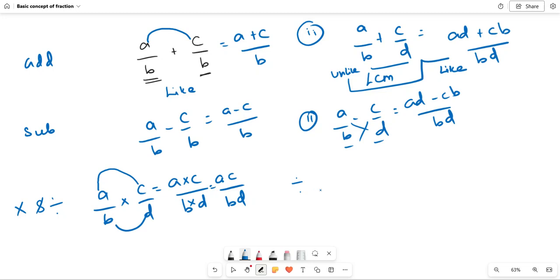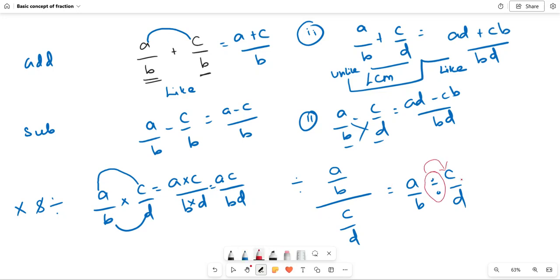Second one, division. If a by b divided by c by d is given, listen, we have to take the reciprocal of the second term one time. A by b, d by c.